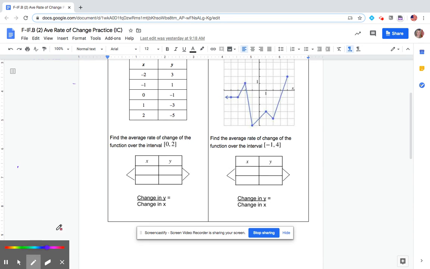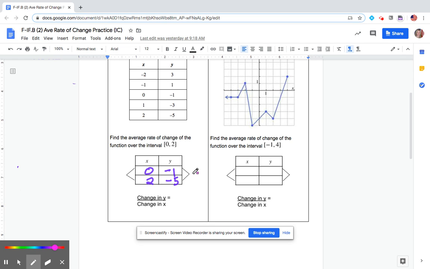Because there's a lot of information on this table, I like to just put 0 in for the first x and 2 for the second x, and then copy down my y values. X value of 0 has a y value of -1. X value of 2 corresponds to -5 on the y.